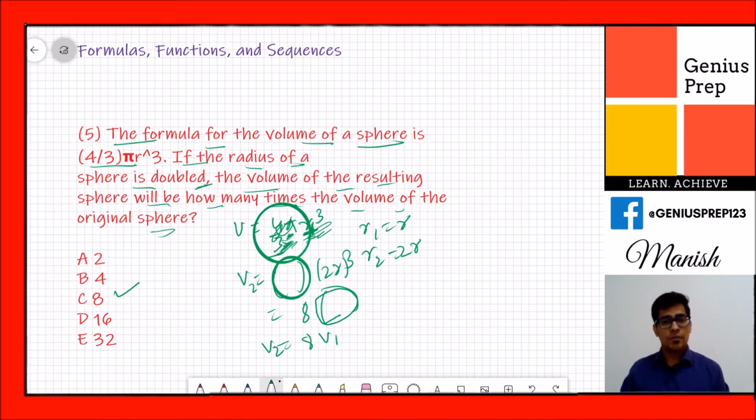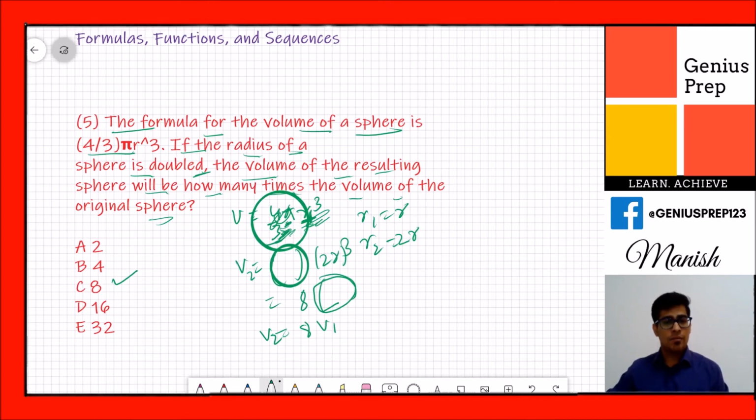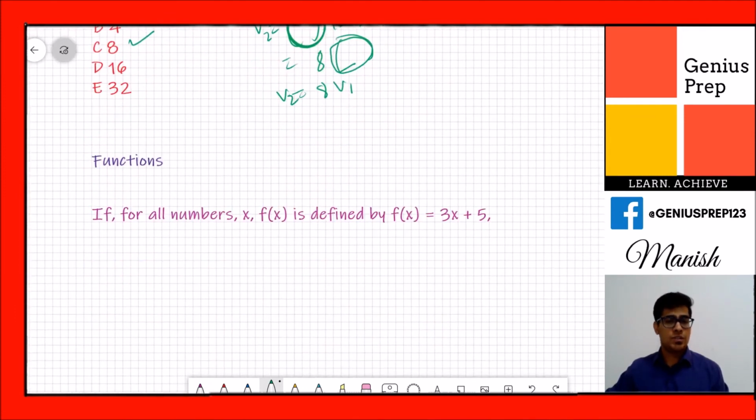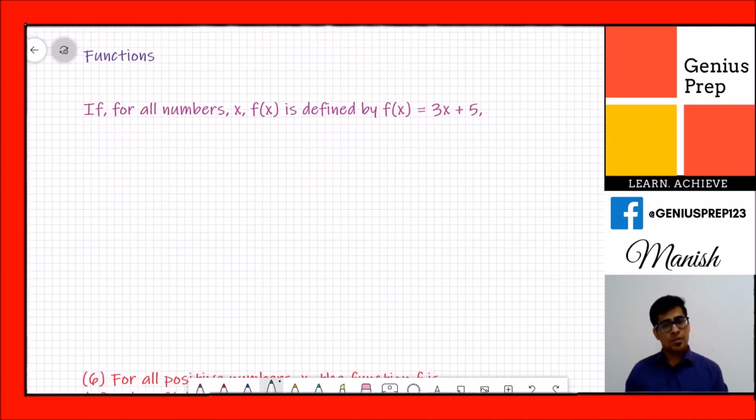So now after this we have functions. What is a function? A function is nothing but the same as a quadratic equation or linear equation. The only thing is, now we are giving a name to that equation. So we are saying 3x plus 5 is a function of x.